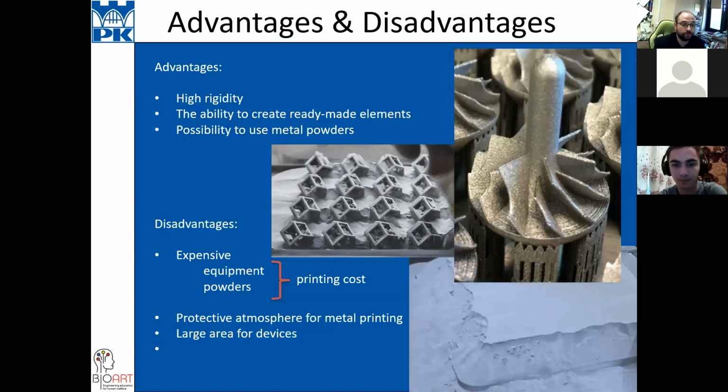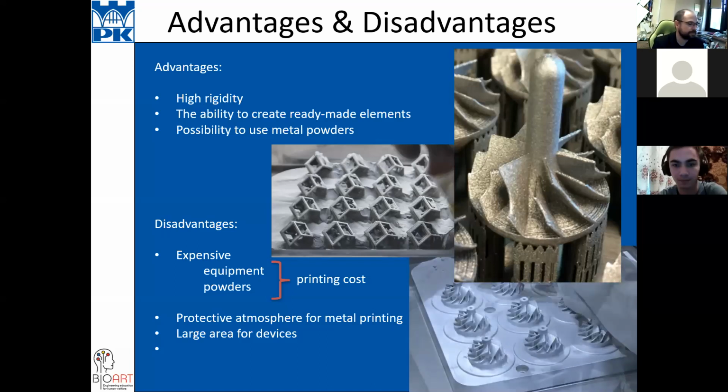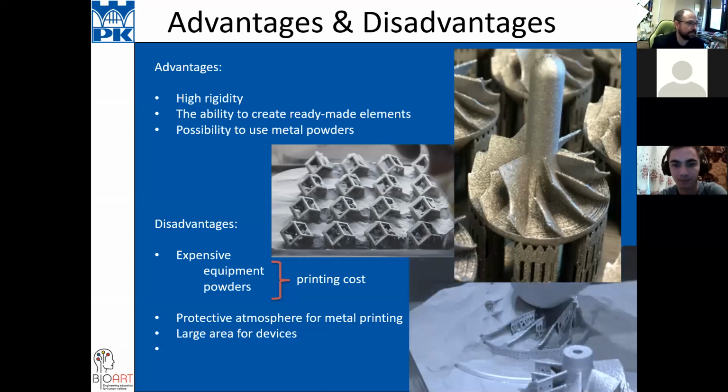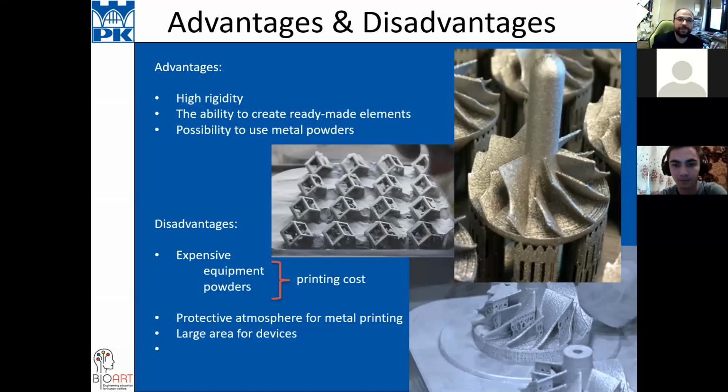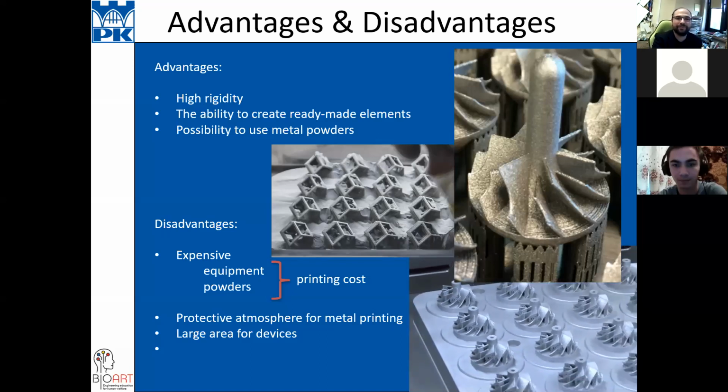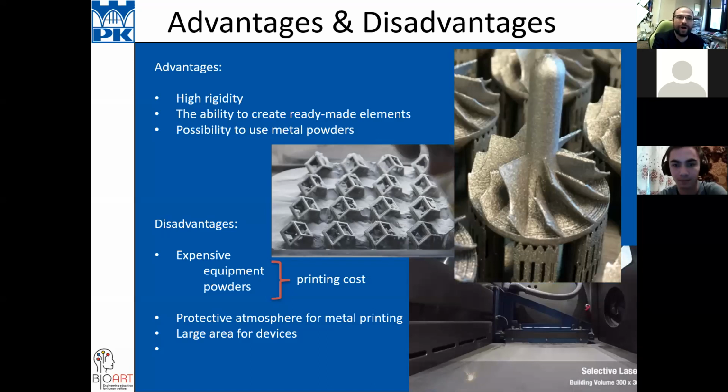Particles must be very small, and the shape must be rounded. It must be almost like a sphere. You must use it because it's better to print. It's better to put this kind of shape of powder on one layer, and it's very expensive powder.